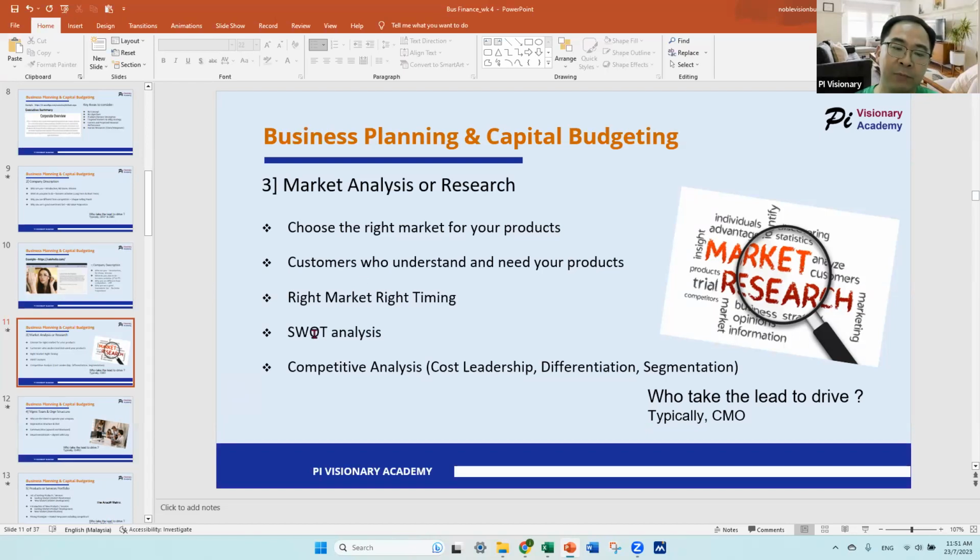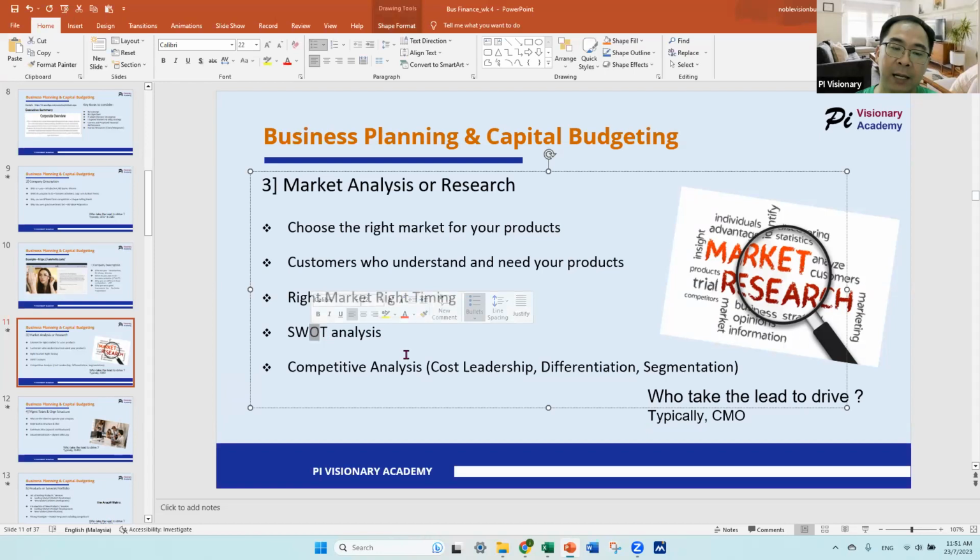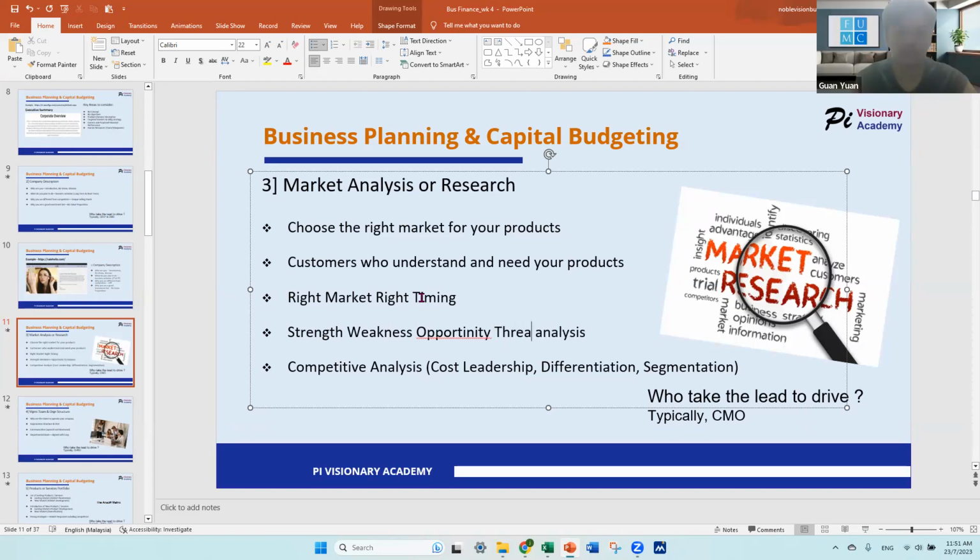External market means they present opportunity. SWOT is strength, weakness, opportunity, threat.